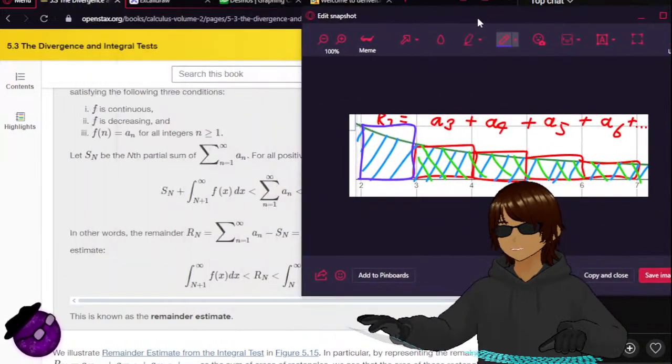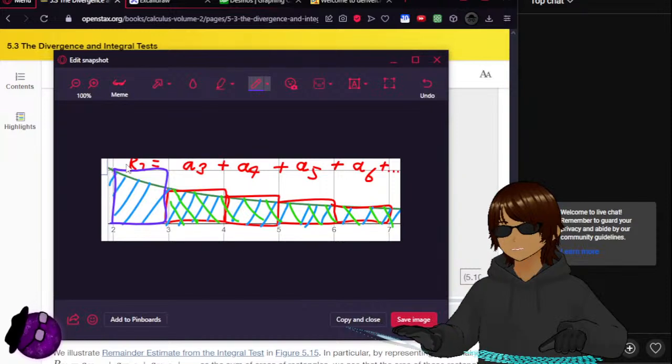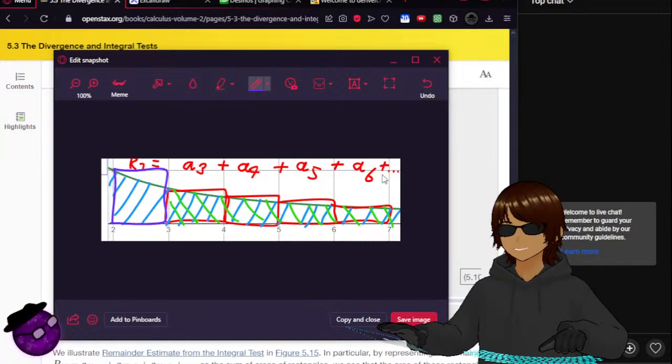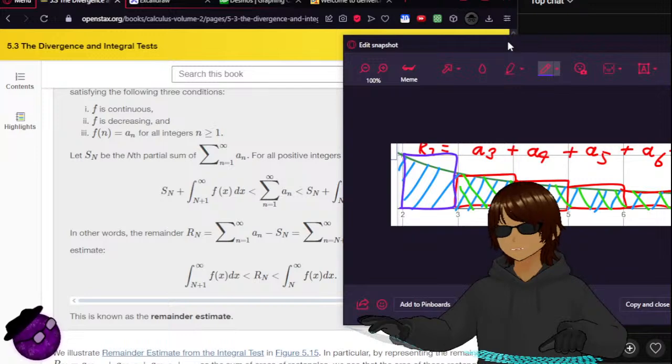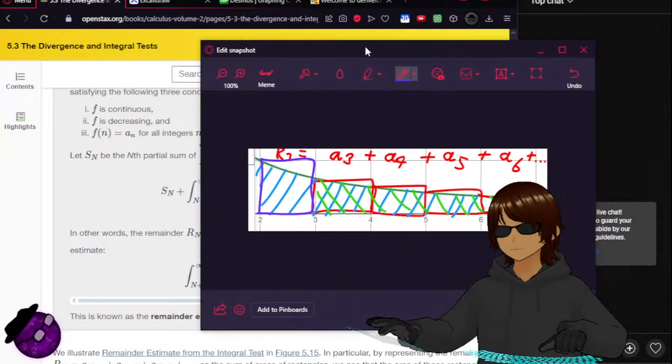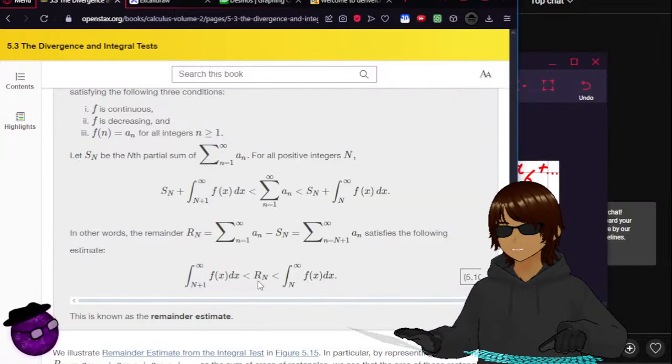How is it that this R2, which is a3 plus a4 plus a5 plus a6 and so on, the sum of the area of the red boxes, would be less than the blue area of the graph? How is that? It's this part that confuses me: Rn is less than the integral from n to infinity.